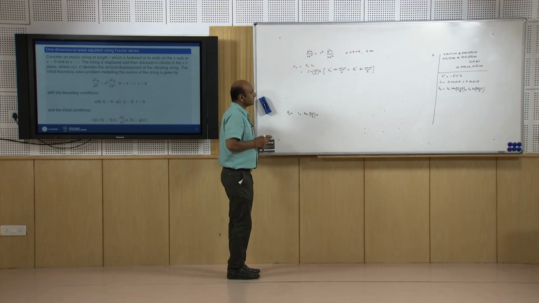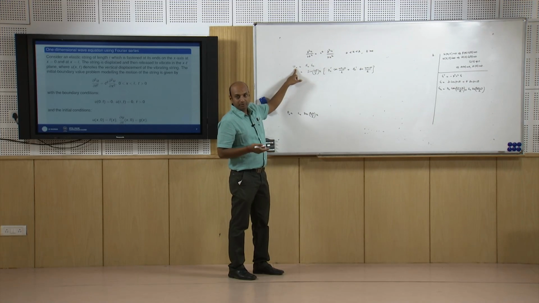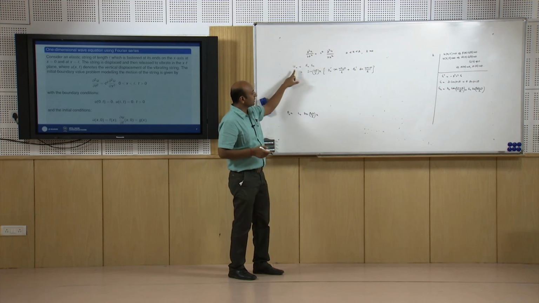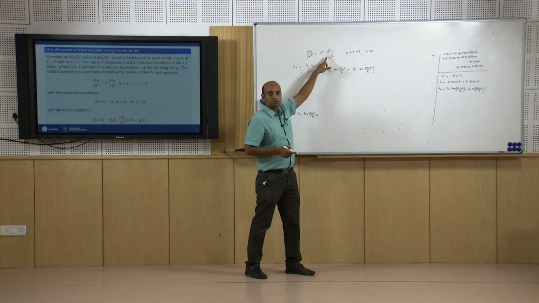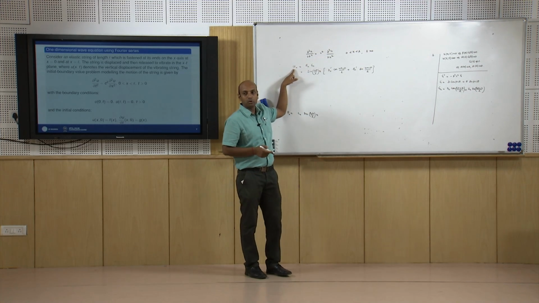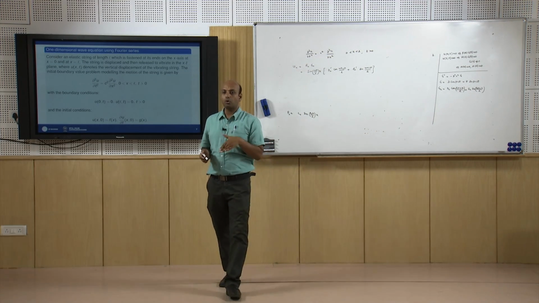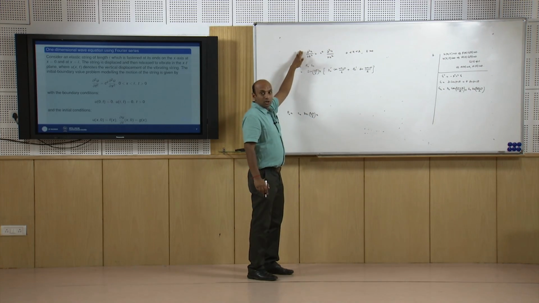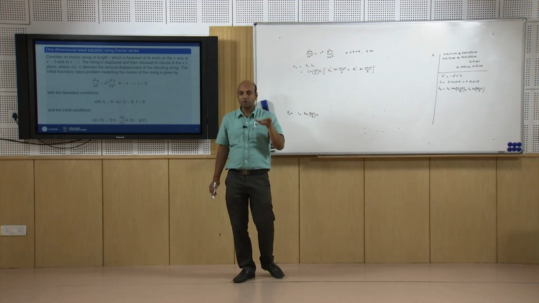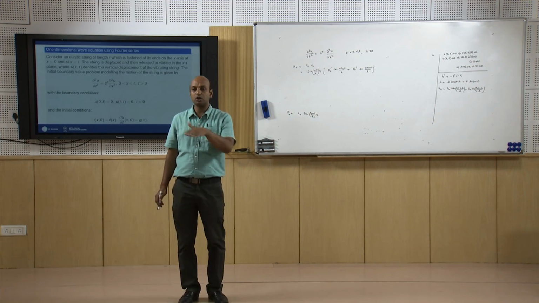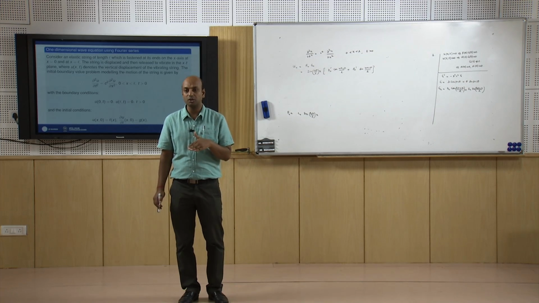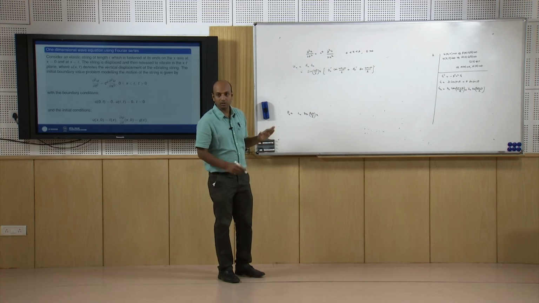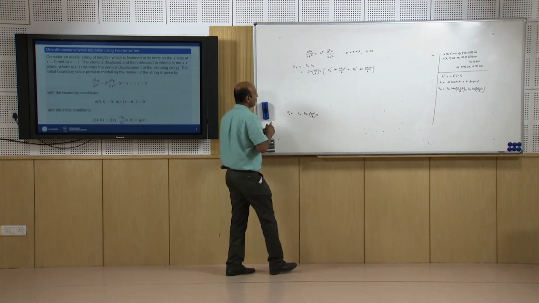Now, n may be 1, may be 2, may be 3, and all are solutions of this differential equation. When you substitute n equal to 1, you get one solution; when you substitute n equal to 2, and so on, u1, u2, u3 and so on are all solutions of this given differential equation. We know that by the superposition principle, if u1, u2, u3 and so on are solutions of a given partial differential equation, then the linear combination of those will also be a solution.